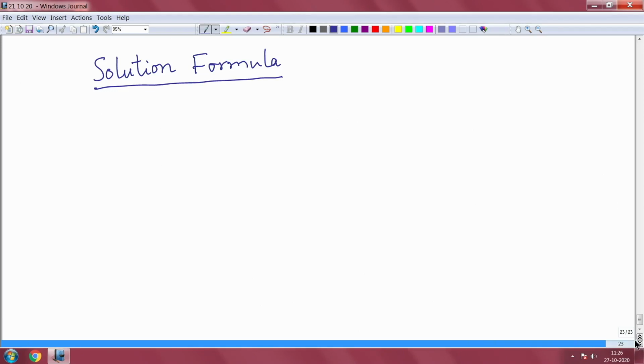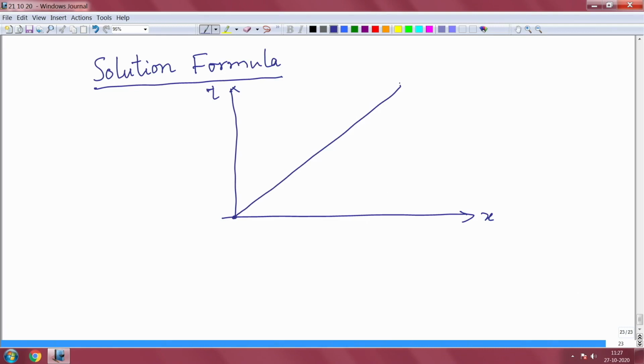It is very easy to explain using diagrams. There is only one point here, the origin, which is the intersection of the initial line and the boundary line. Let us draw the characteristics here. They play a role here. Let me use a different color, blue, for the time being.